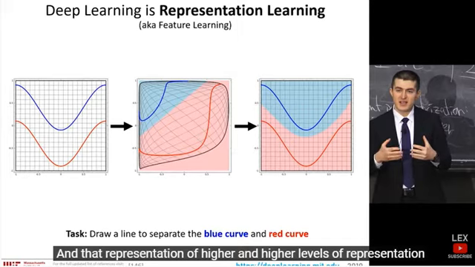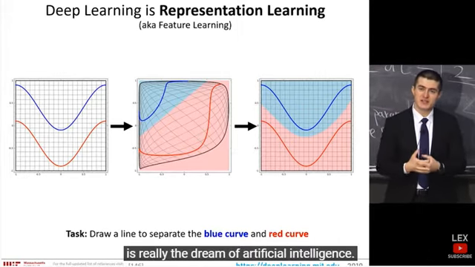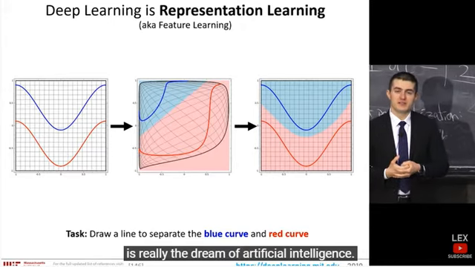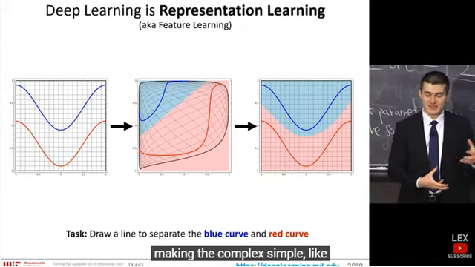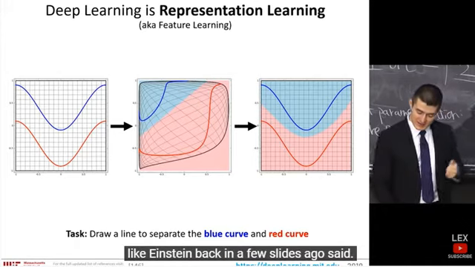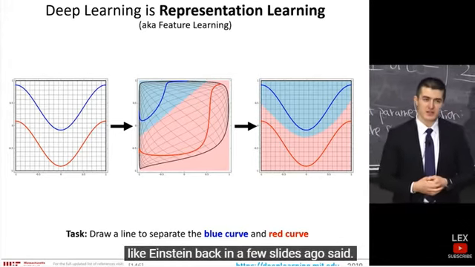And that representation of higher and higher levels of representation is really the dream of artificial intelligence. That is what understanding is, making the complex simple, like Einstein said a few slides ago.